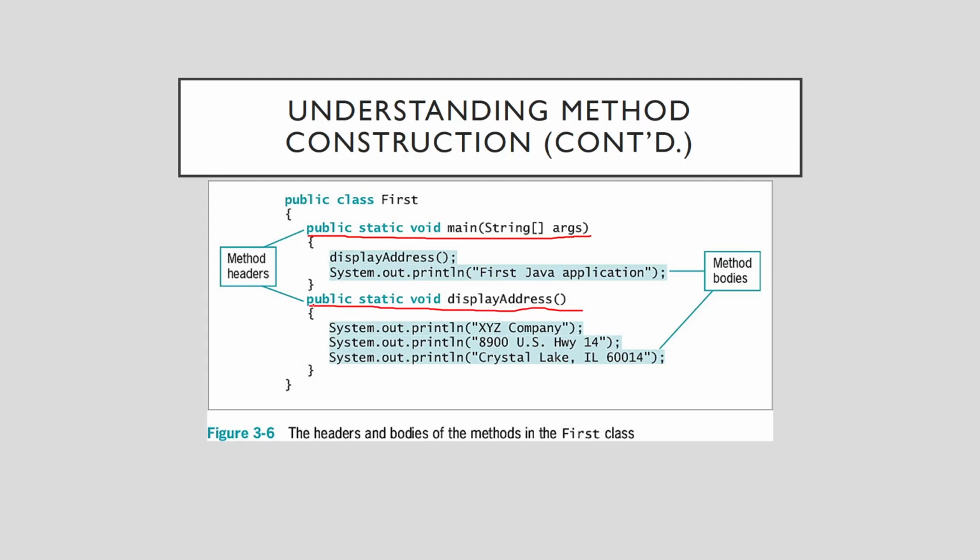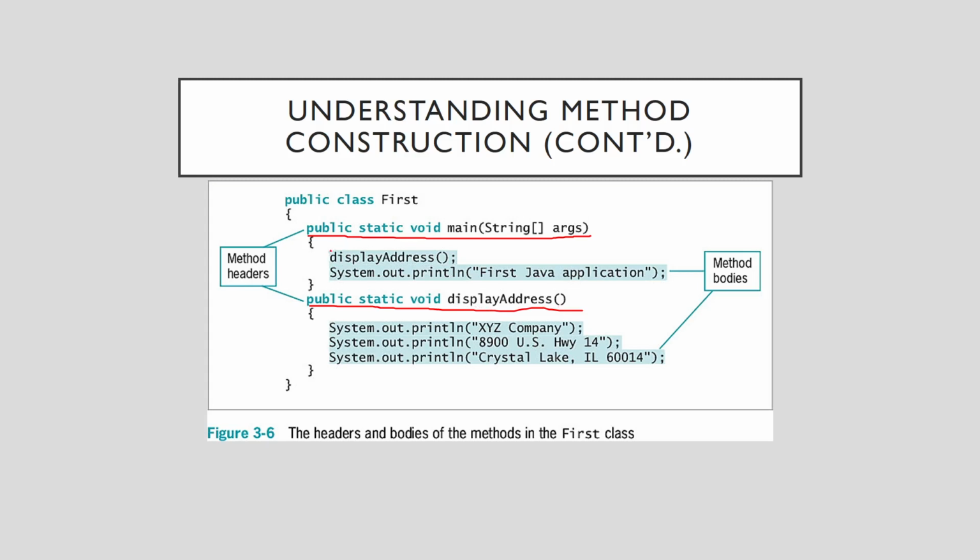We have the access specifier public, then the keyword static, then the void keyword. This is the opposite of a value-returning method, meaning this method does not need to return a value and can be a standalone method. The method name is display address.